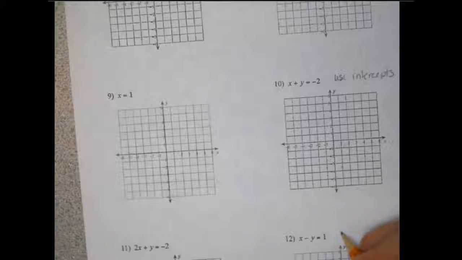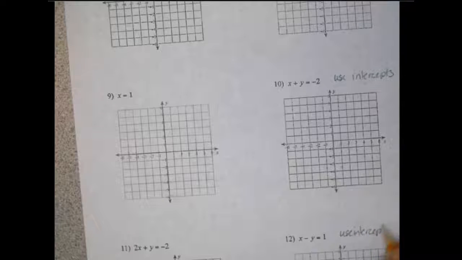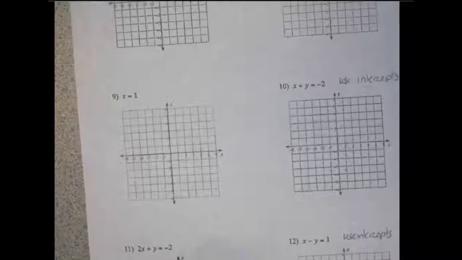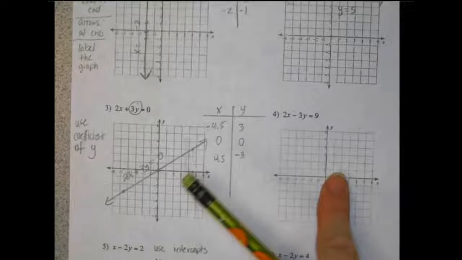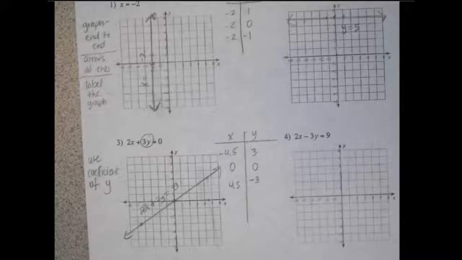And number 12, use intercepts. So you're going to use t-charts for number 4, 6, 7, 9, and 11. And use intercepts only for the last 4. Understand?